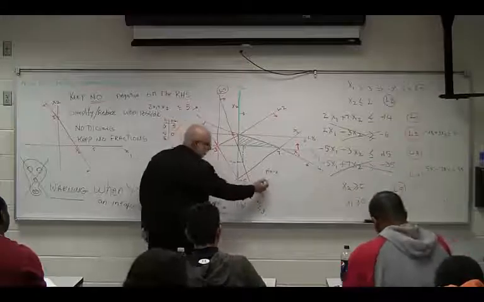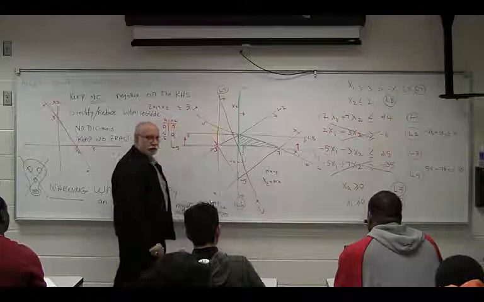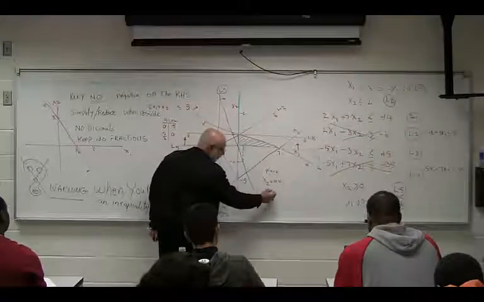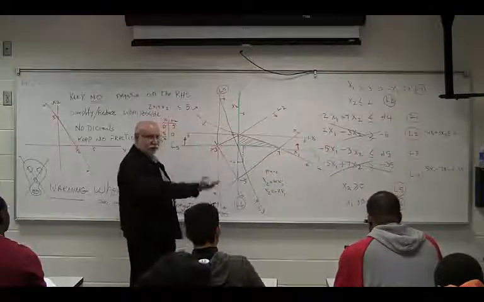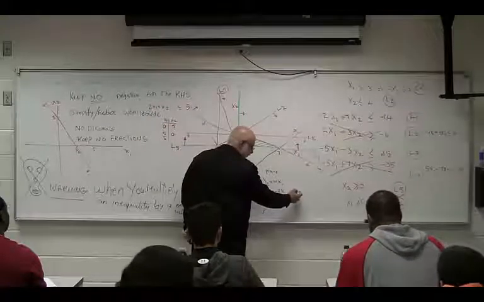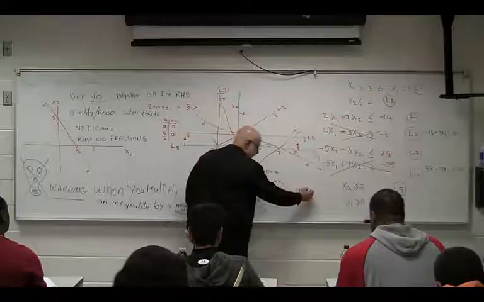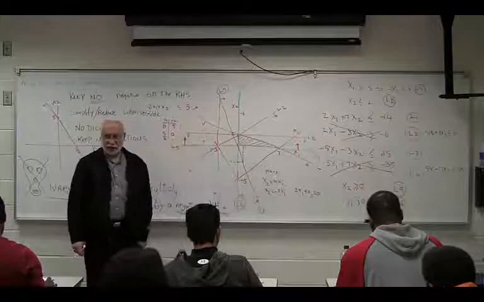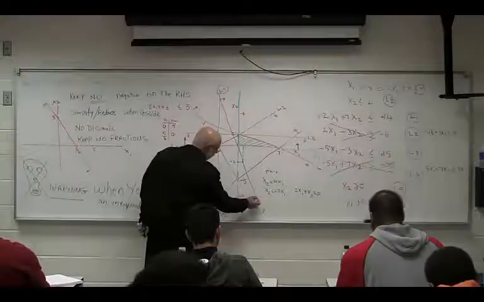Use x2 equals m x1, so x2 equals negative 2x1. Move everything to one side of the equation. That would be 2x1 plus x2 equals 0. That's the equation of the line.